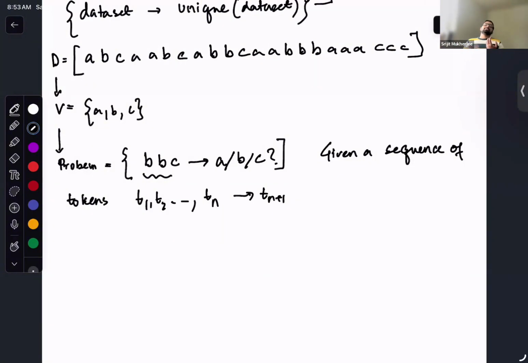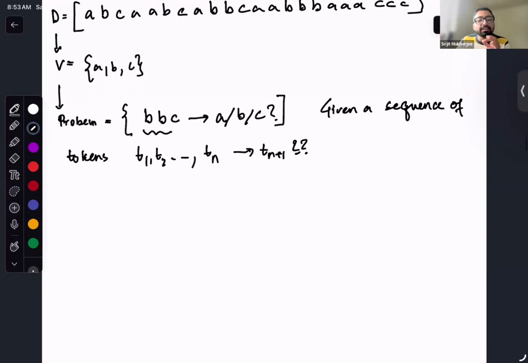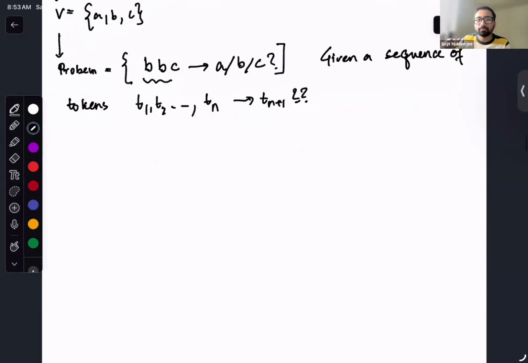So what is the mathematical setup of that? How do you mathematically define it? This is very important. That's where we use probability.